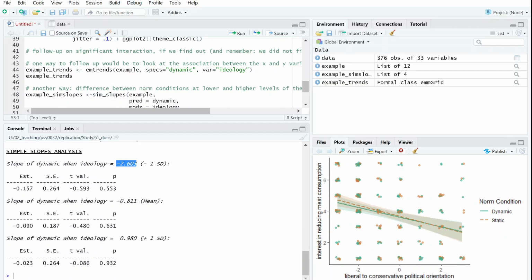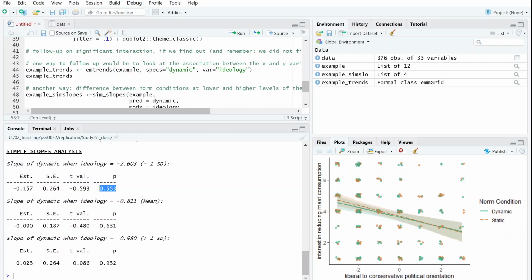2.603, is the effect of norm condition statistically significant? Here you see the difference between norm conditions, so dynamic is less than static at a difference of minus 0.157, and a p-value here of 0.553, which means that the difference between the dynamic and the static conditions is not statistically significant.